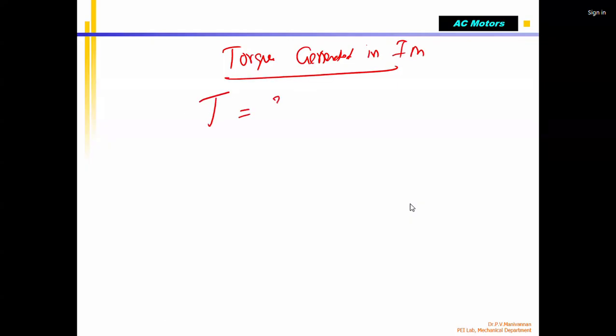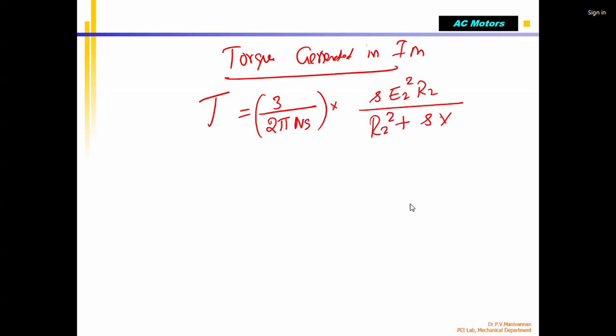Now that we are talking about that, the torque generated in an induction motor, the basic equation: T equals 3 divided by, we are talking about 3 phase, 2 pi ns, multiplied by s into E2 square into R2, take down this formula, divided by R2 square plus S into X2, whole square.